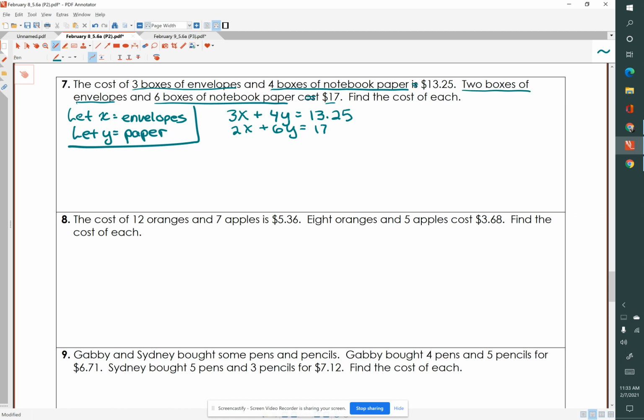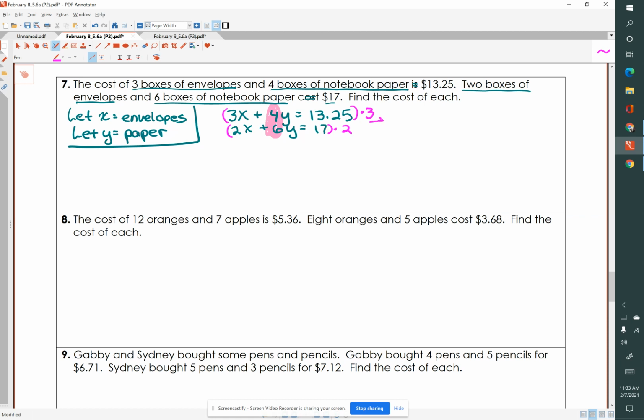Well, I see I can eliminate the Y if I multiply the first equation times 3 and the second equation times 2, because the least common multiple between 4 and 6 is 12. So I'm going to multiply the first equation times 3 so that I can get 12y. I'll multiply the second equation times 2 so that I can get 12y.